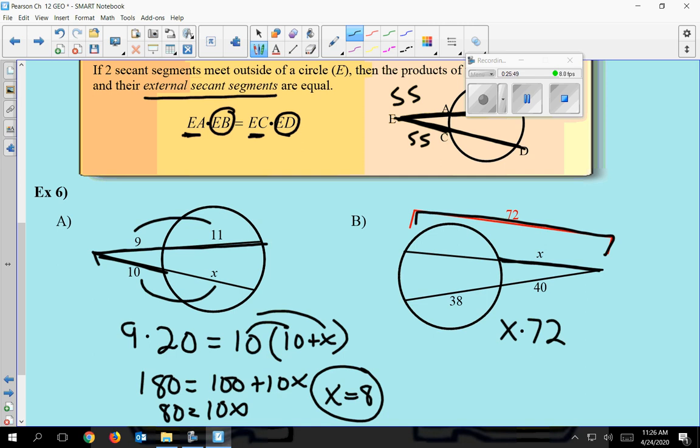The other secant, the outside segment is 40, but the whole thing is going to be 78. So I want to multiply those. Okay, so there you go. I'll set it up for you. I'll let you do some math. Hit pause, and we'll put the solution up.